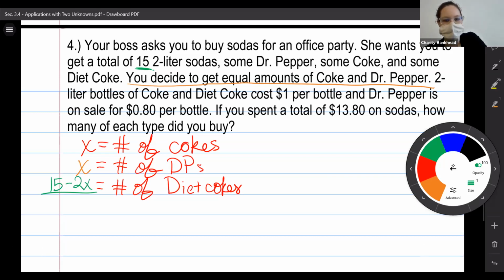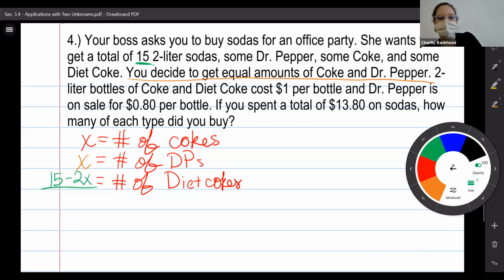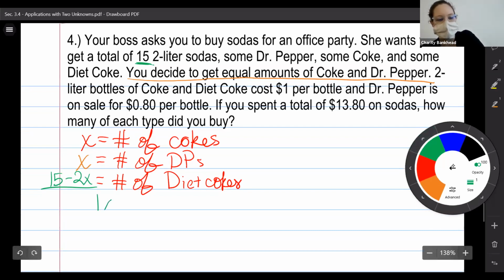All right, so once we have that, then we can use the dollar amounts to write down an equation. Okay, so Cokes are $1. So that would be 1x. We could just say x, but I'm just going to go ahead and say 1x.